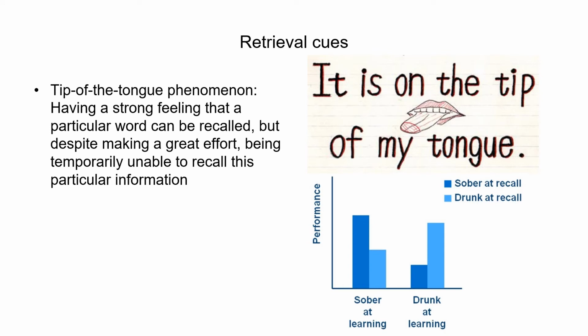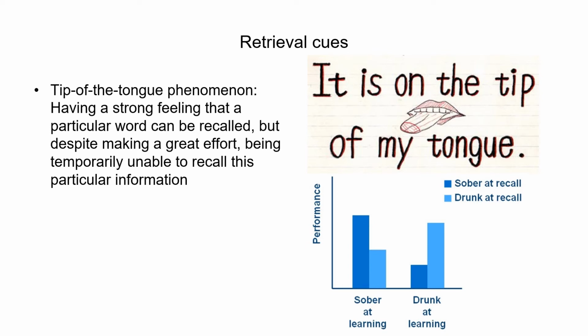One of the things is what's called the tip of the tongue phenomenon, where you just feel that information is there, it's ready to be recalled. Even with great effort, though, you aren't able to recall that particular information. What is going on here is that your retrieval cue is just not quite there.